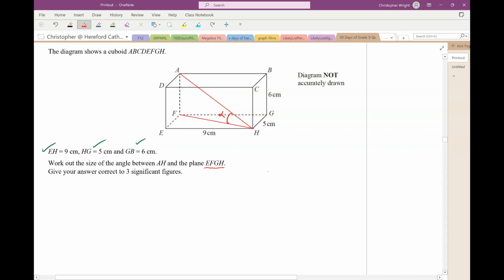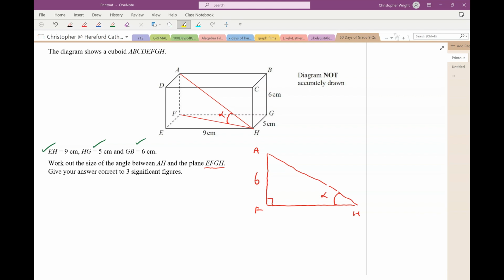Right, A down to F, and then along to H. A, F, H. There's the hypotenuse, that's the line AH. This is the angle alpha, that's a right angle. That's 6. Oh, if only I knew what this length was, then I could use tan to find alpha. If only I knew the length of FH.